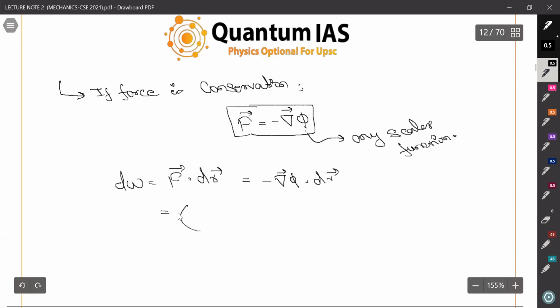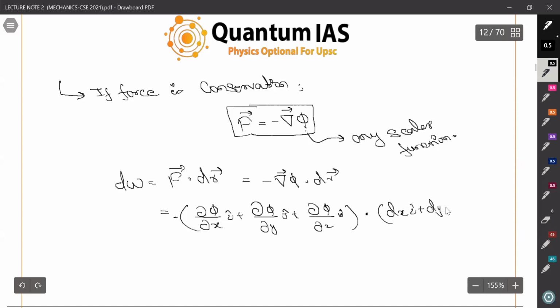So it will become what? Minus, outside, del phi by del x i cap plus del phi by del y j cap plus del phi by del z k cap, dot. What is dr? dr is what? dx i cap plus dy j cap plus dz k cap.